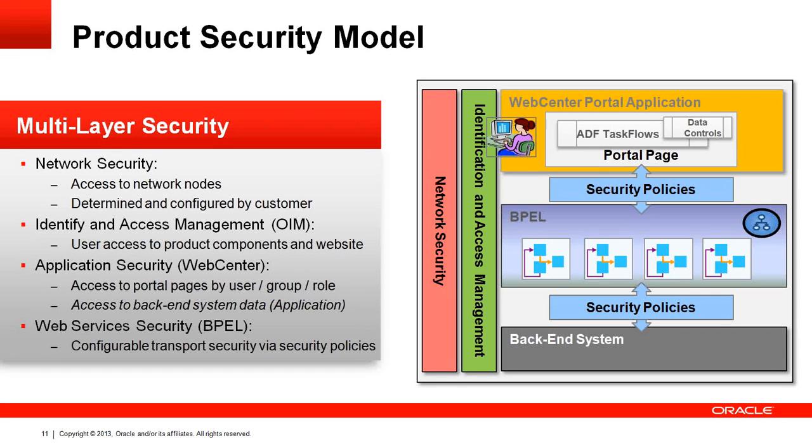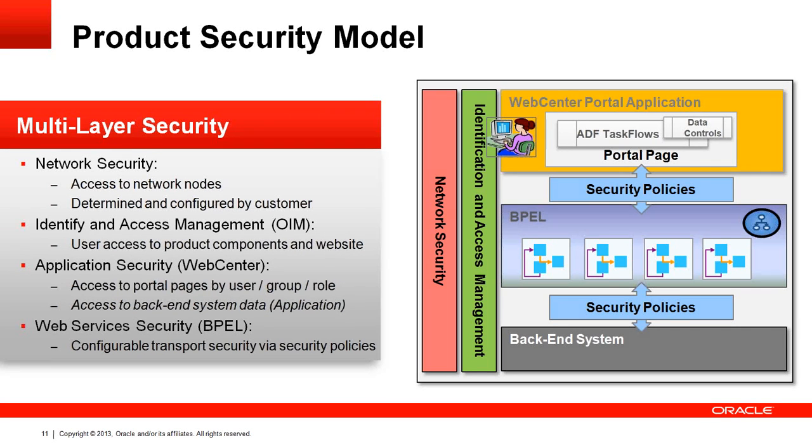The last part, which is kind of internal to the application itself, is the web services security. This is where you can define security policies that will govern the message transport between the portal application, the integration, which is BPO, and backend system or external systems.